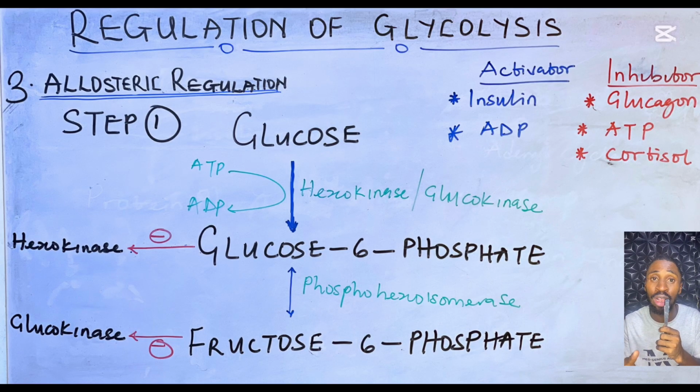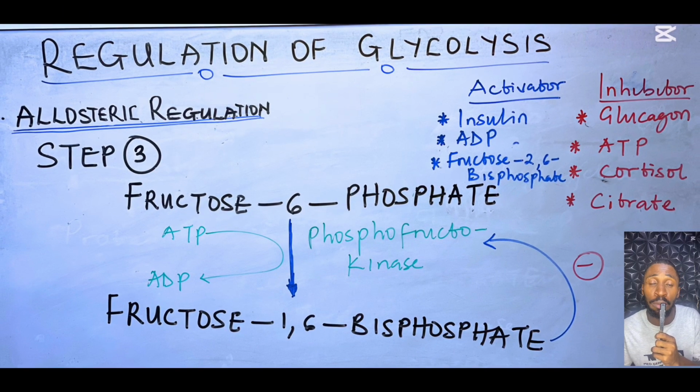So both of them are allosterically stimulated by insulin and ADP, and both are inhibited by glucagon and ATP. But the product glucose 6-phosphate inhibits hexokinase, while fructose 6-phosphate inhibits glucokinase.